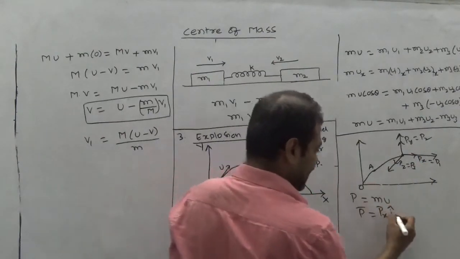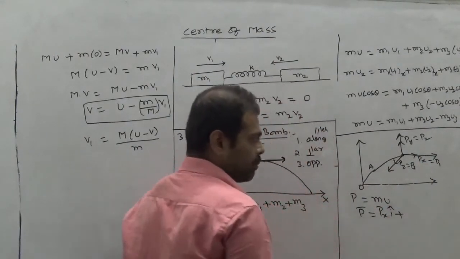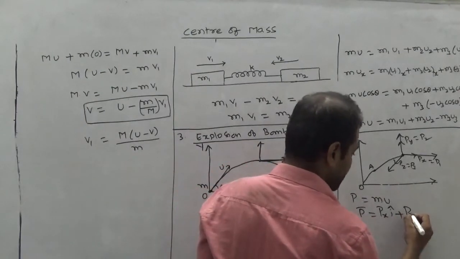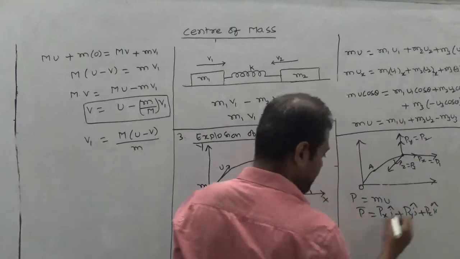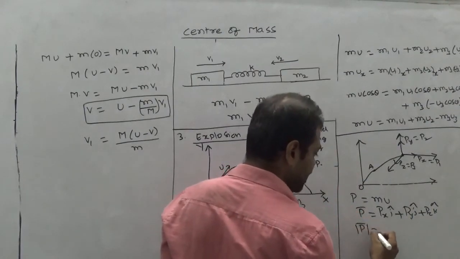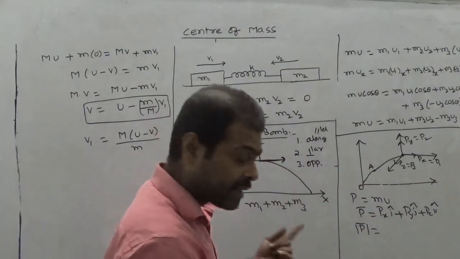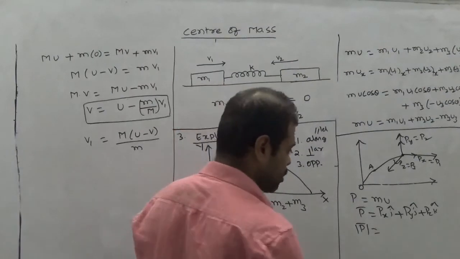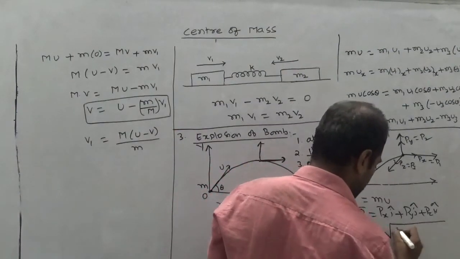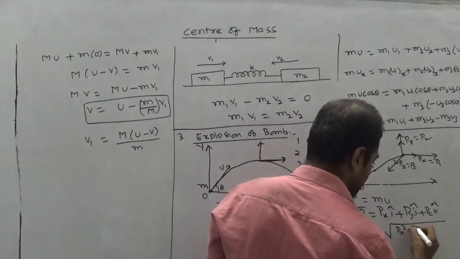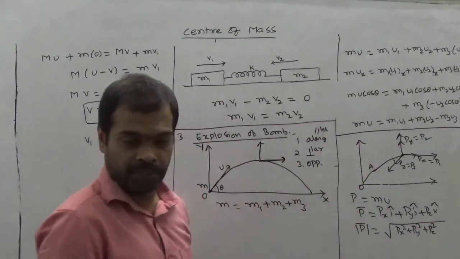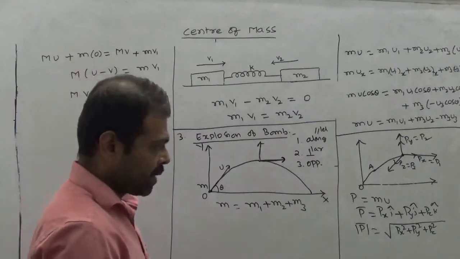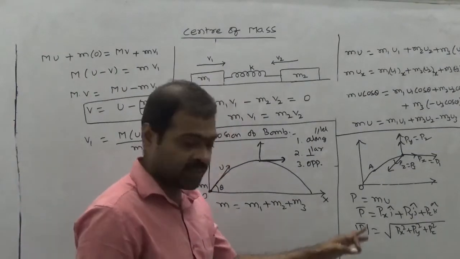So the resultant momentum is px i cap plus py j cap plus pz k cap, that is, the modulus of p bar, the magnitude of the resultant momentum, is equal to under root of px square plus py square plus pz square.